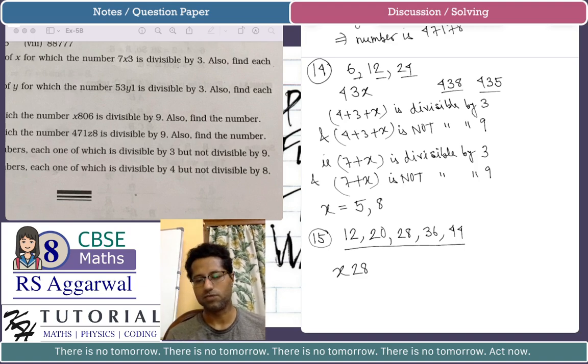But we have to choose x such that the three-digit number is not divisible by 8. If I take x equals 1, it becomes 128, which is divisible by 8.